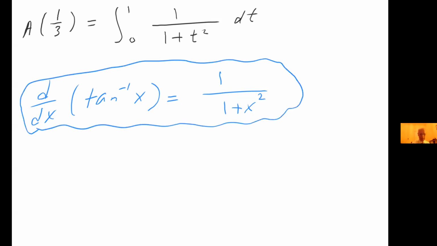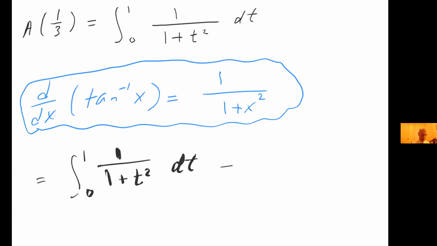we are going to just go ahead and rewrite this as the integral from 0 to 1 of 1 over 1 plus t to the second dt.